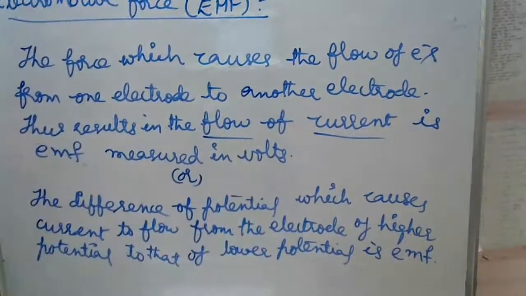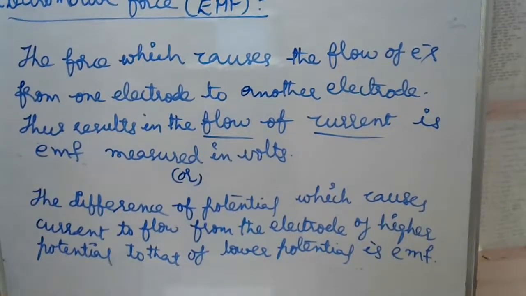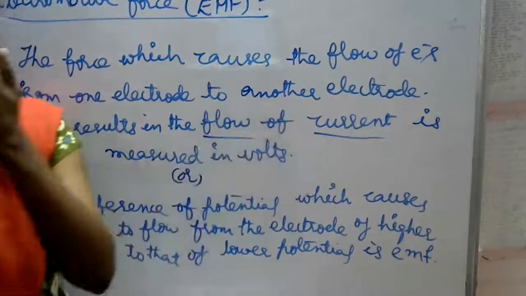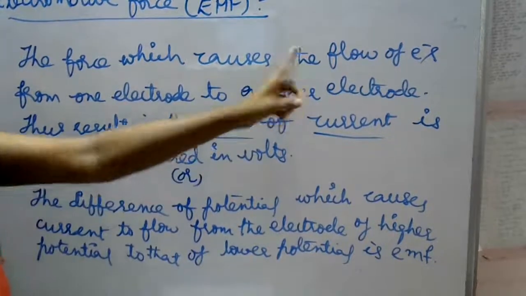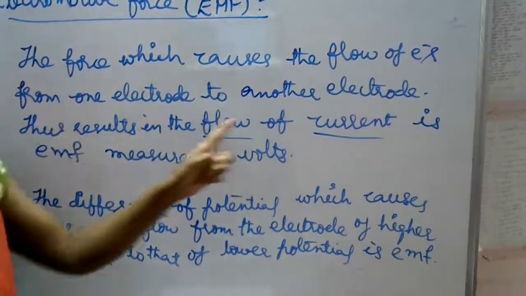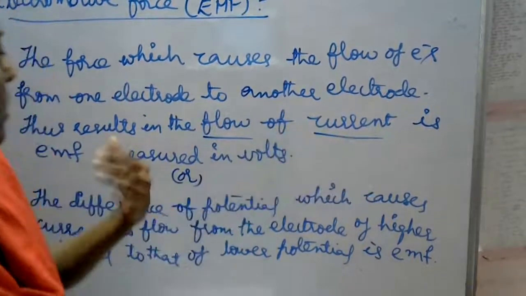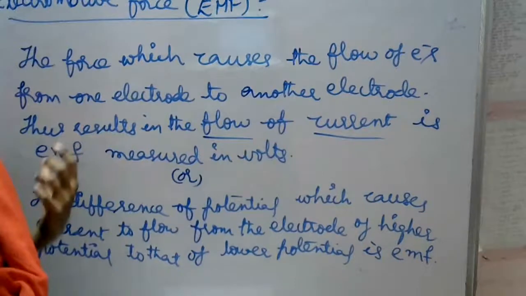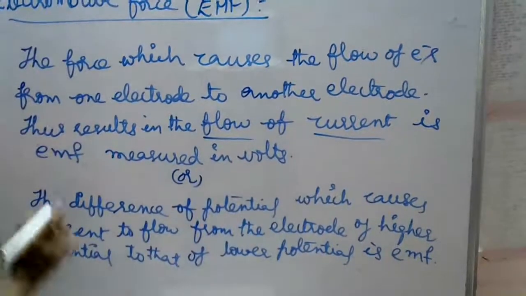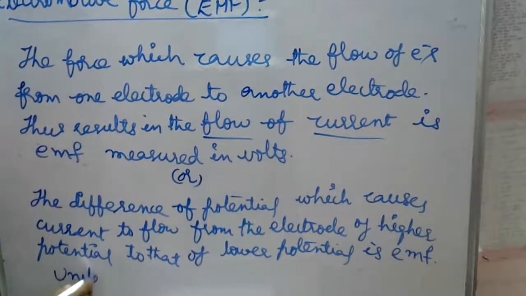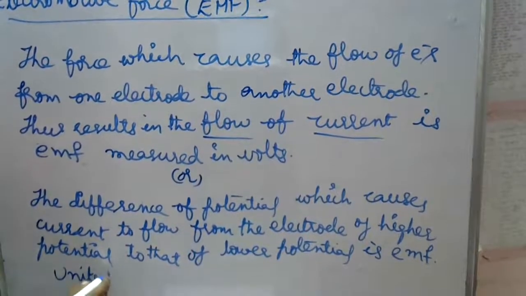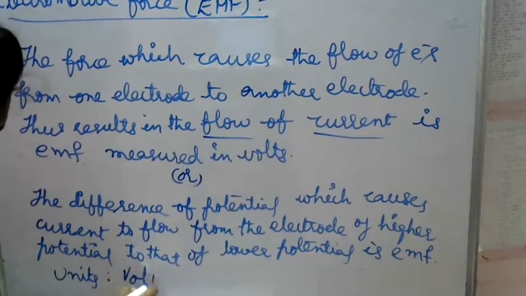Here we can measure it as a force, the force which causes the flow of electrons from one electrode to another electrode. So the flow of current is nothing but EMF, measured in volts. What are the units for this EMF? Volts.